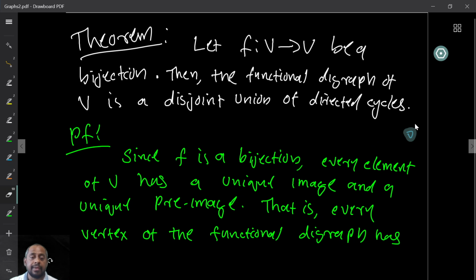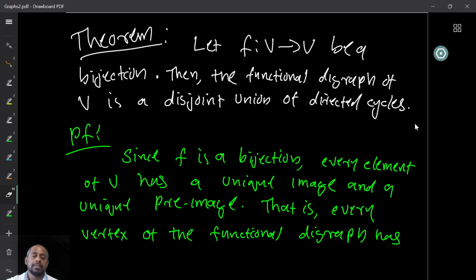Now if every vertex in a graph has degree 2, so you have a finite graph where every vertex has degree exactly 2, then we can see that the graph must decompose into cycles. Why is that?